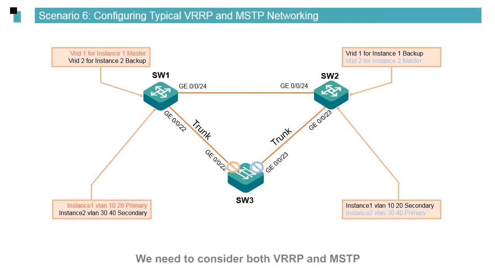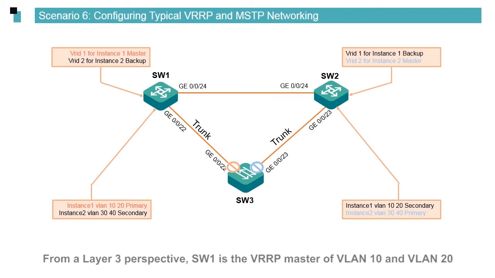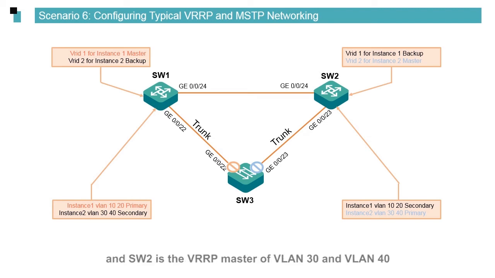We need to consider both VRRP and MSTP. From a Layer 3 perspective, SW1 is the VRRP master of VLAN 10 and VLAN 20, and SW2 is the VRRP master of VLAN 30 and VLAN 40. From a Layer 2 perspective, however, a loop exists.